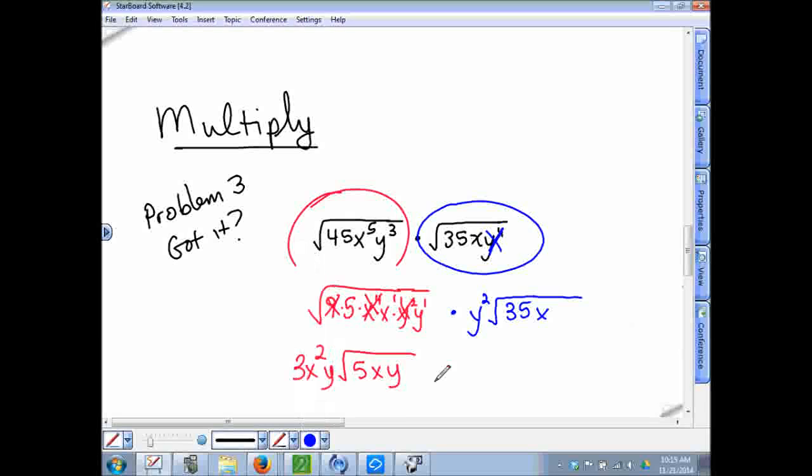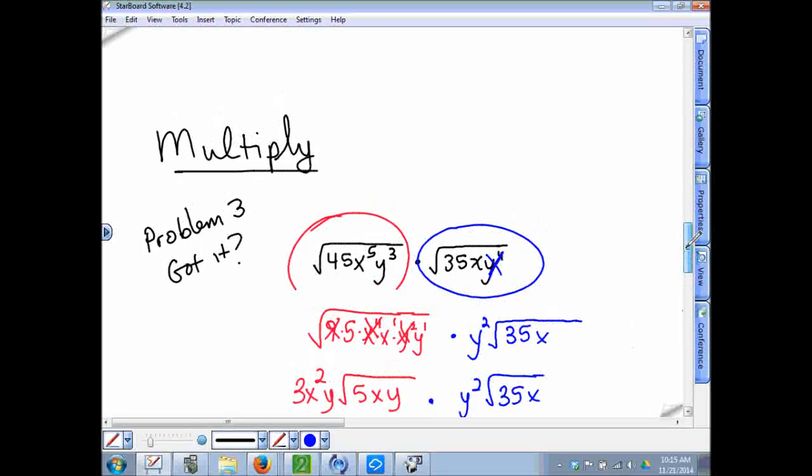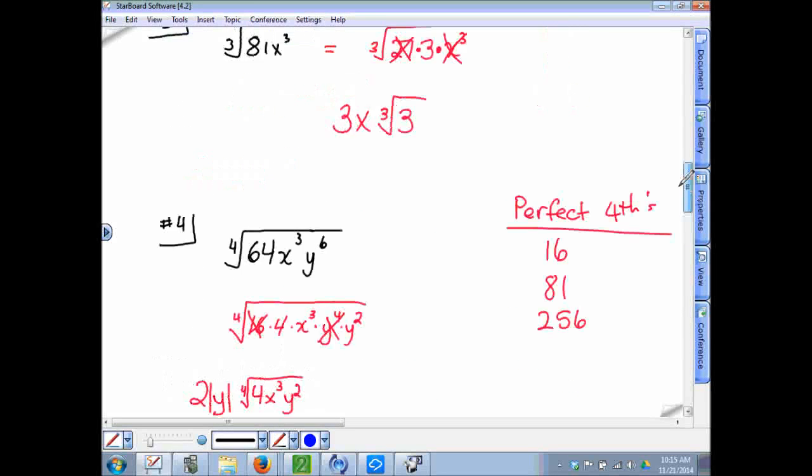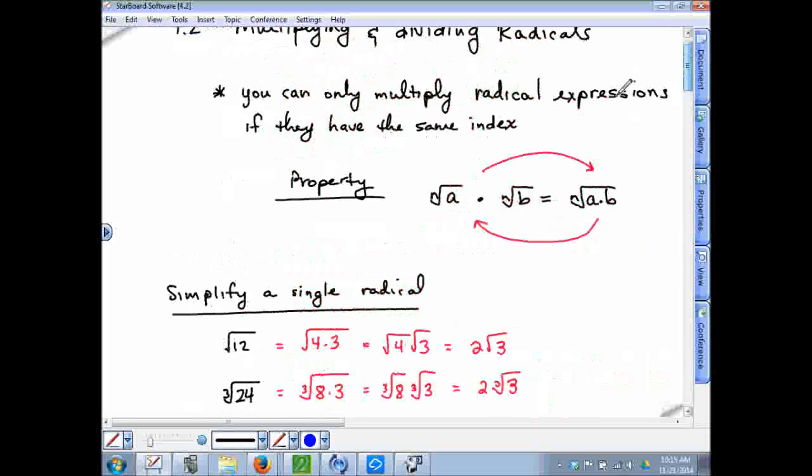So we're multiplying now by y squared times the square root of 35x. Let me just remind you of the property that you wrote down at the very beginning. If you're multiplying two things together that have the same index, then all you do is multiply the stuff on the inside together.